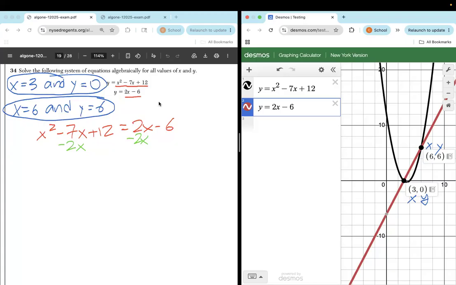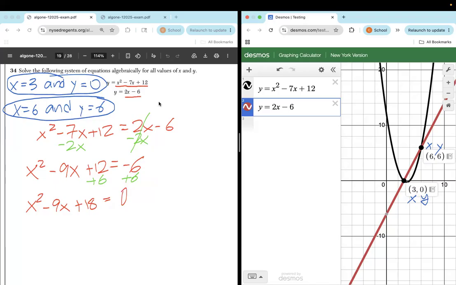And I get x squared, negative 7x minus 2x, negative 9x plus 12 equals, those cancel out, which is what I wanted, equals negative 6. Okay, now I want the negative 6 gone. I want the right side equals 0. So let me add 6 on both sides. I get x squared minus 9x plus 18 equals 0. Negative 6 plus 6 is 0.